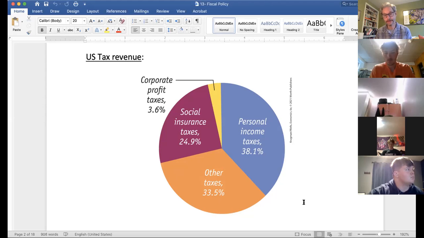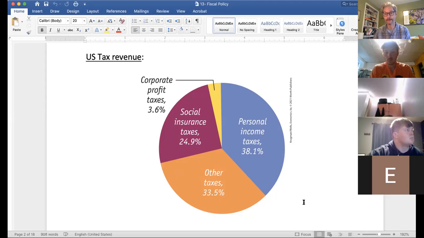And then the orange pie is other taxes, which in reality is a very big and eclectic collection of other taxes. But an easy way to think about this is that the federal government collects about 2/3 of all of its income through income taxes. And as we've talked about, that makes the US unique because most countries do not rely nearly so heavily on income taxes.